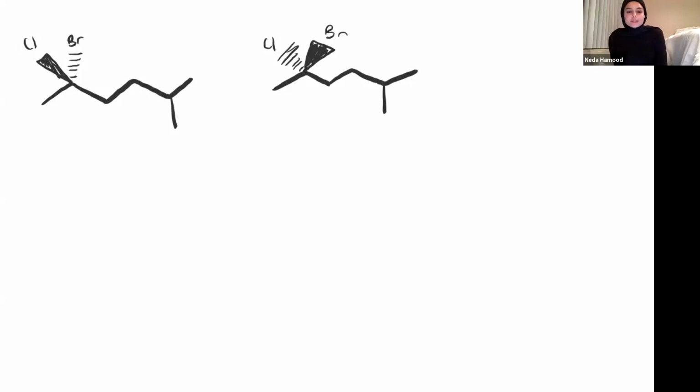Enantiomers are non-superposable mirror images of each other, and yes, they are enantiomers because we flipped the configuration it was before. Bromine is 1, so the first one is actually R. So we're moving from an R configuration to an S configuration, and everything else is staying the same, so they are enantiomers. Great job, you guys.